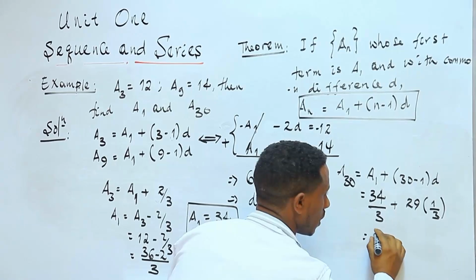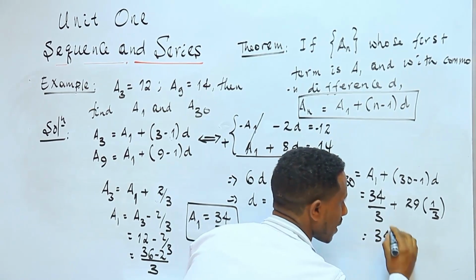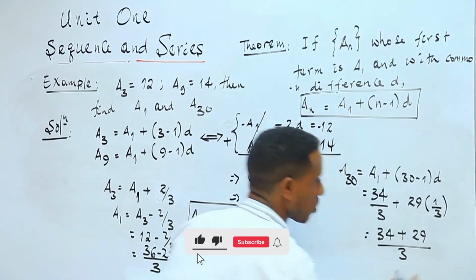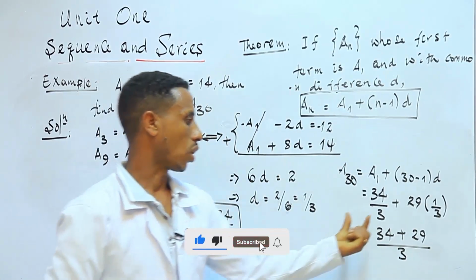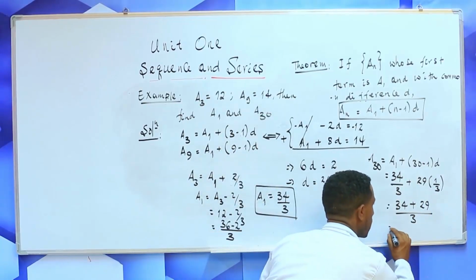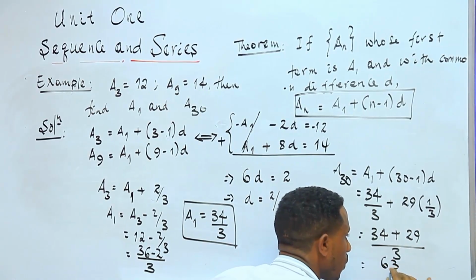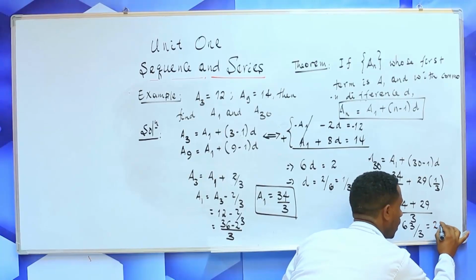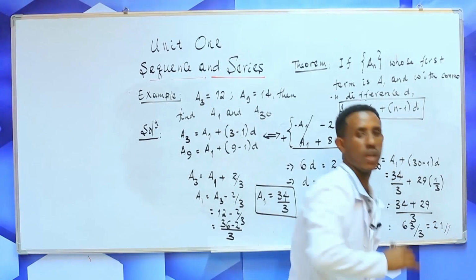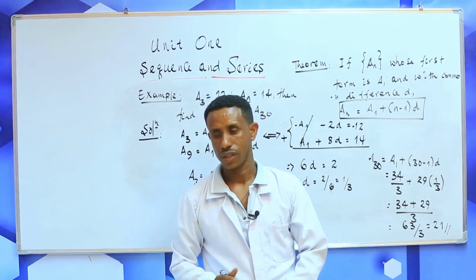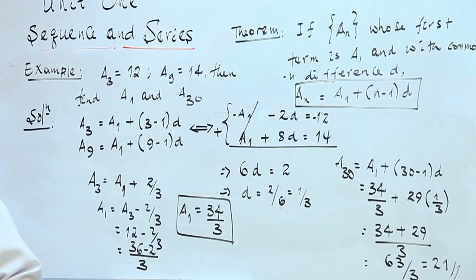Then this is 34 plus 29 over 3, because we have a common denominator 3. Then this is 63/3, that is 21. I hope you got the correct answer to this question.